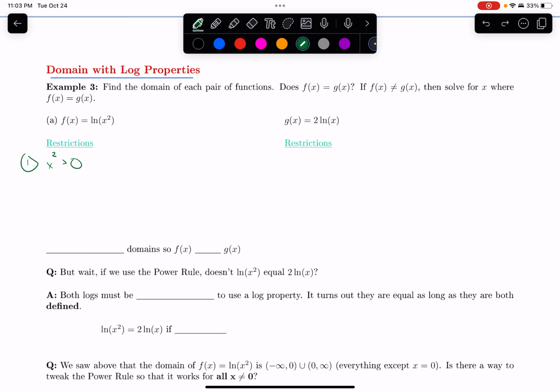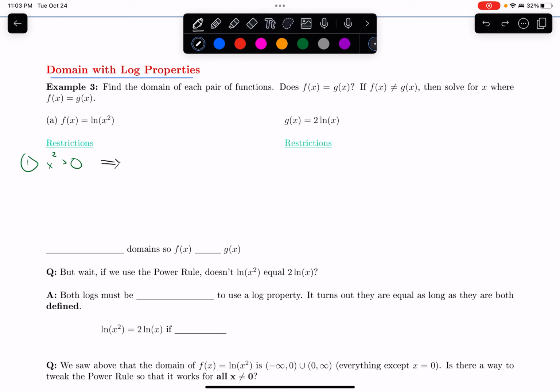And for this inequality, x squared is greater than 0, I'm not allowed to just square root both sides of an inequality. That does not work. I kind of have to use logic to solve this inequality. So if x squared is bigger than 0, there's only one value that I can plug in for x that would break this inequality and make it not true.